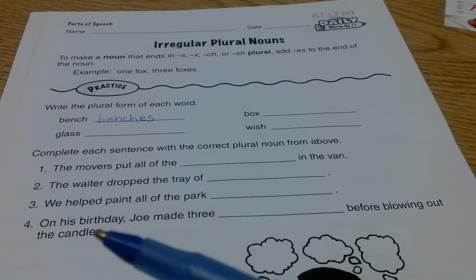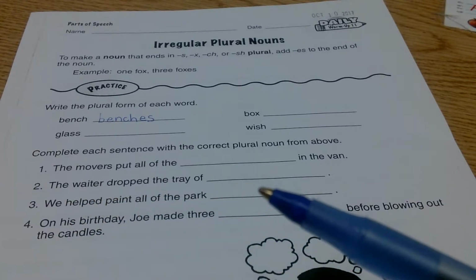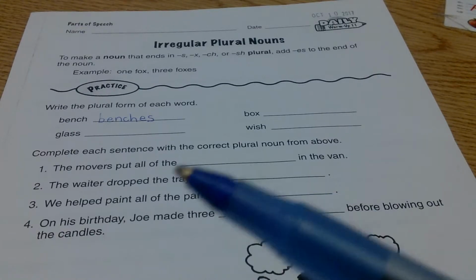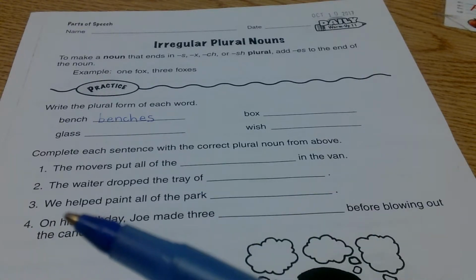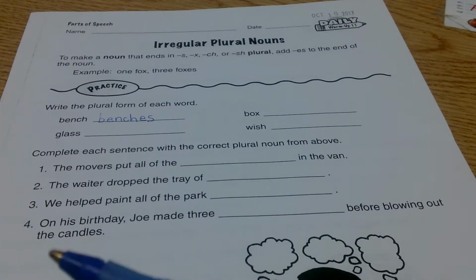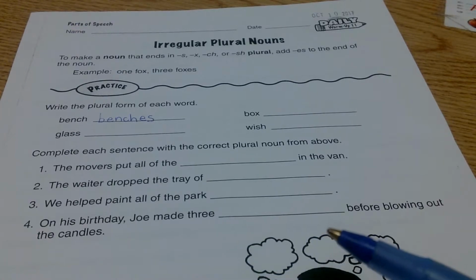Number 2, the waiter dropped the tray of blank. Again, you can pause it and pick your word. Number 3, we helped paint all of the park blank. Number 4, on his birthday, Joe made 3 blank before blowing out the candles.